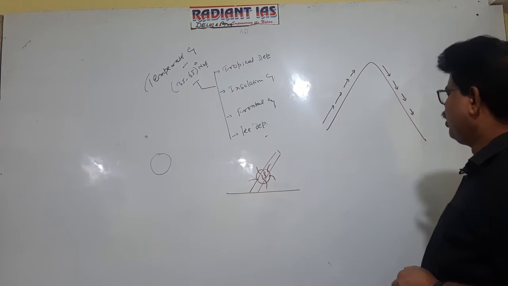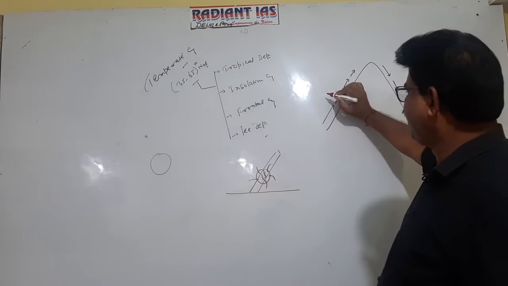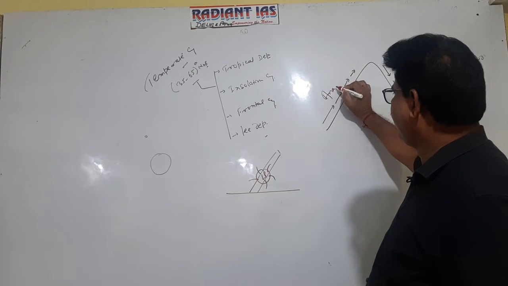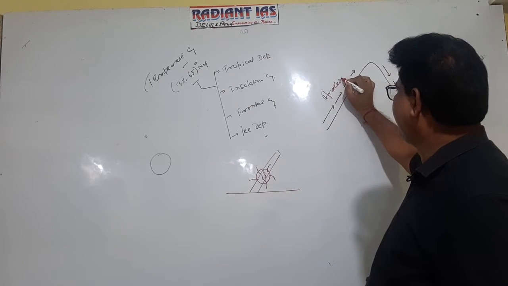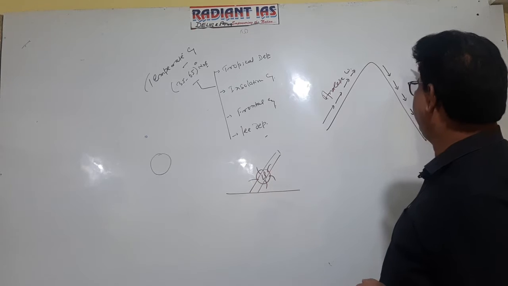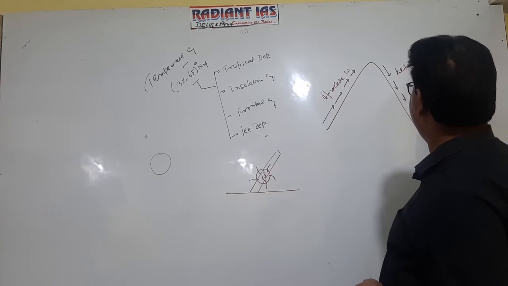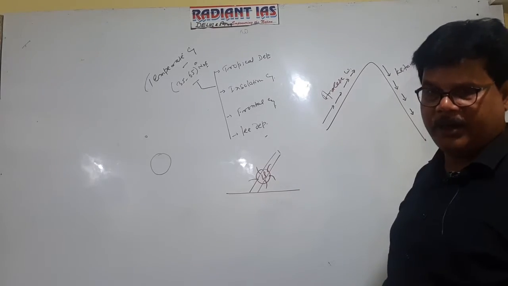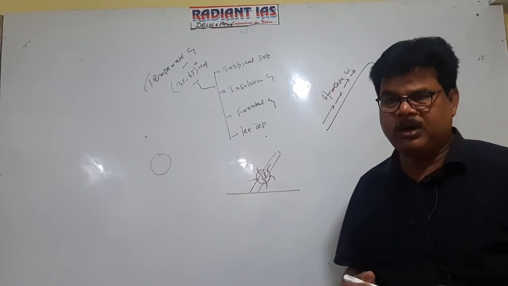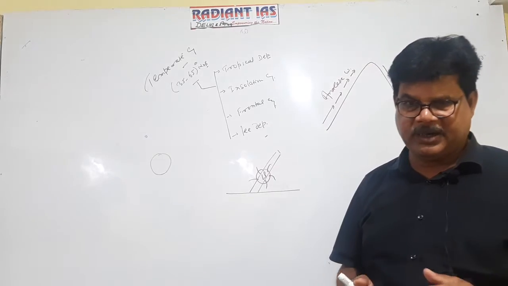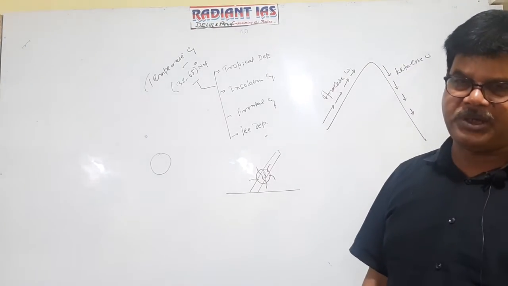Okay. So the ascending wind is referred to as anabatic wind, and the descending wind is referred to as katabatic wind. Getting well now? Right? The ascending column is referred to as anabatic and the descending column is referred to as katabatic.